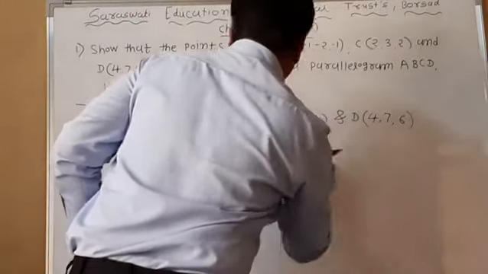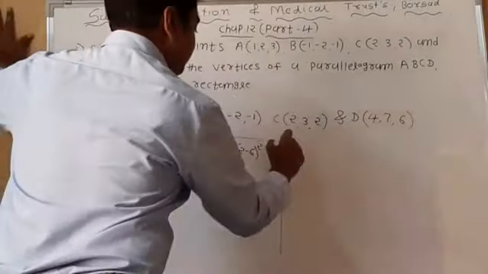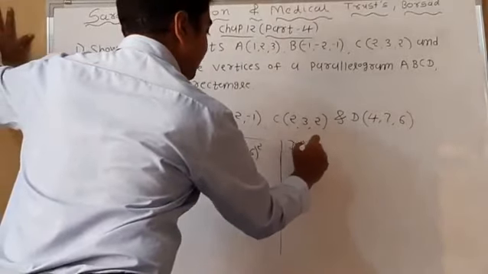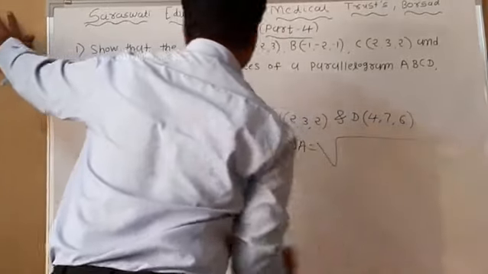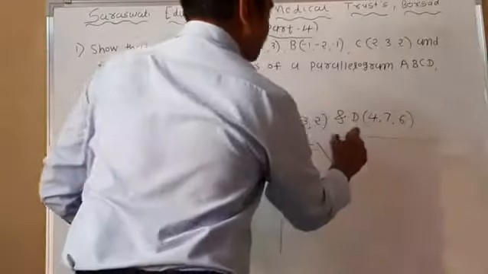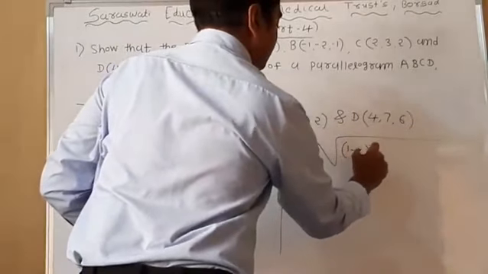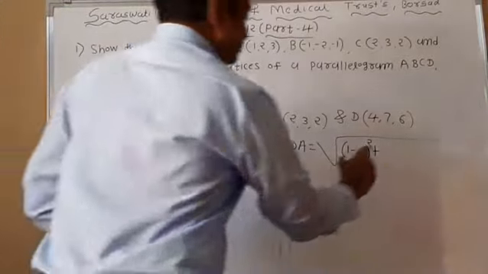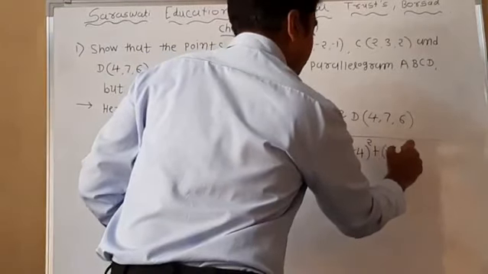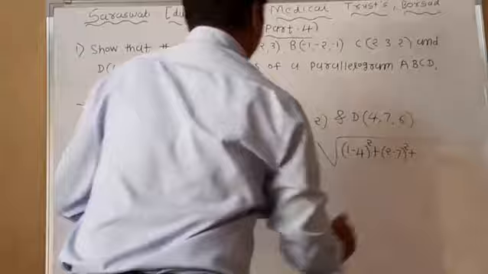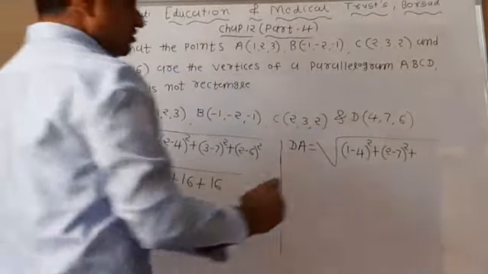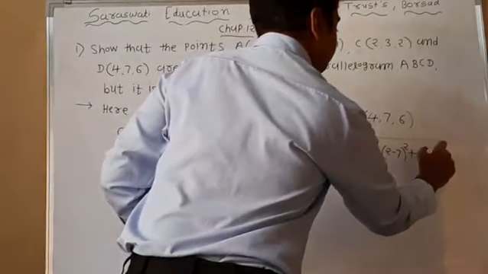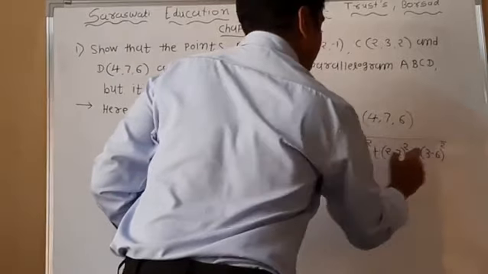Now find DA. DA is equal to the square root of (1 minus 4) whole square plus (2 minus 7) whole square plus (3 minus 6) whole square.